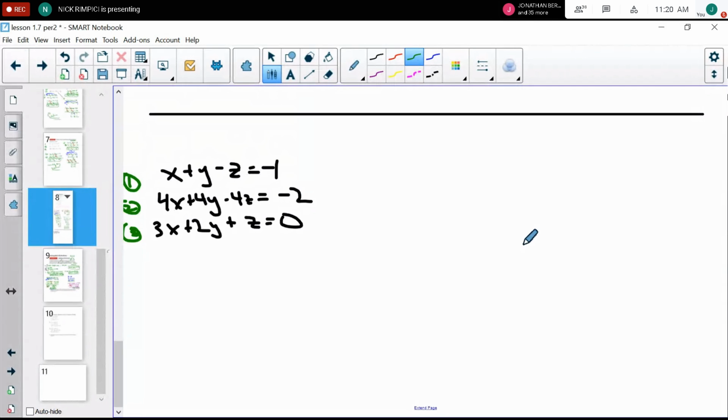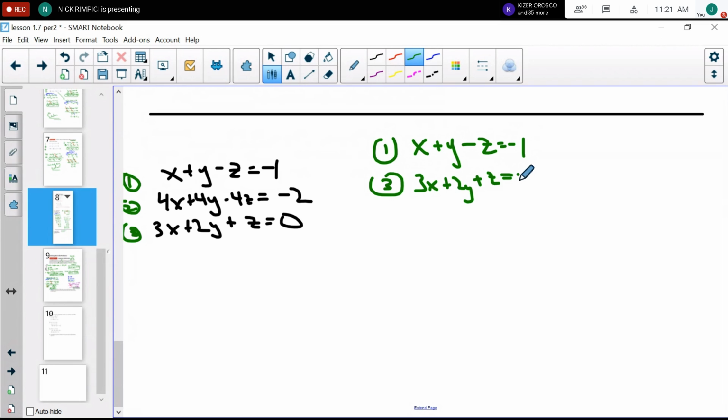Somebody want to give me equations that I should choose? 1 and 3. Yeah, 1 and 3 is a great choice. My other class picked 1 and 3 as well. That's what I would choose. So 1 is x plus y minus z equals -1, and 3 is 3x plus 2y plus z equals 0.